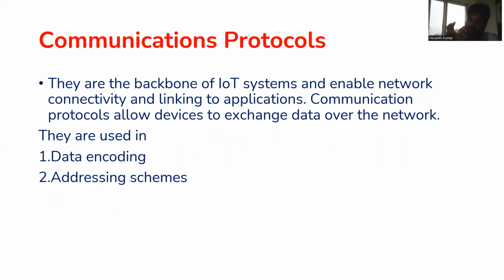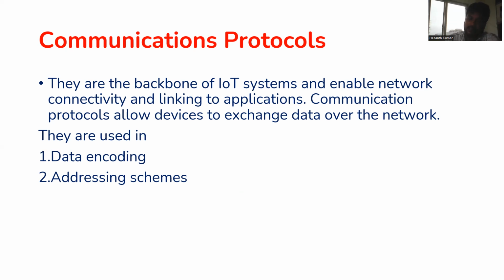Without these communication protocols, we can't connect two IoT devices. So in order to make two IoT devices transfer information, we must go for communication protocols. They use data encoding as well as addressing schemes. Multiple, different kinds of protocols are there, and we are using many kinds of protocols.